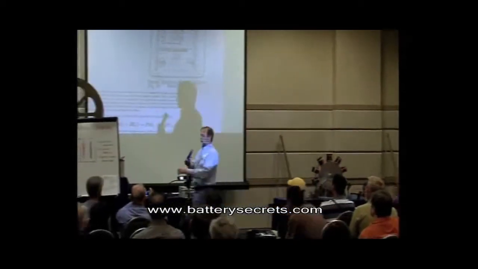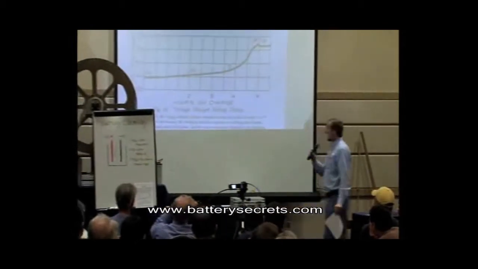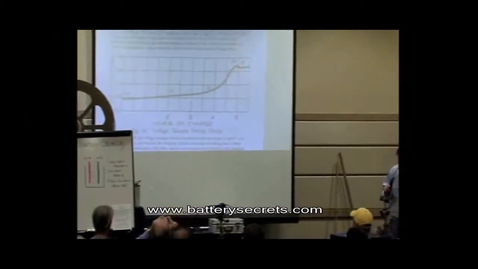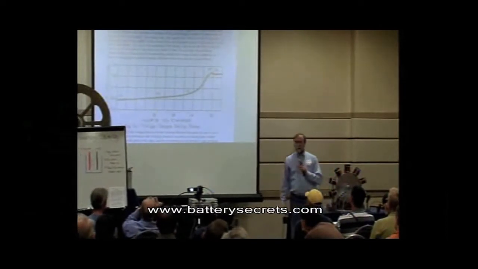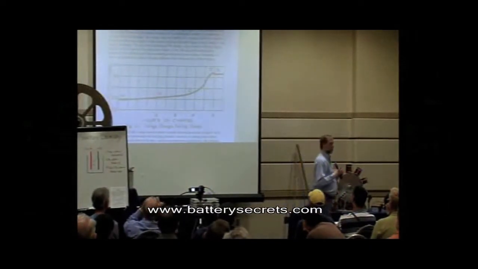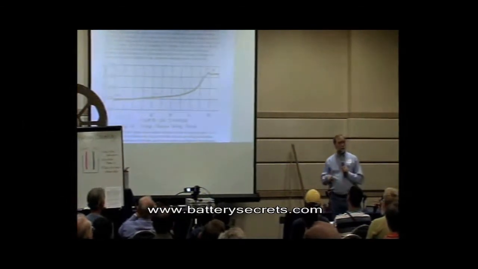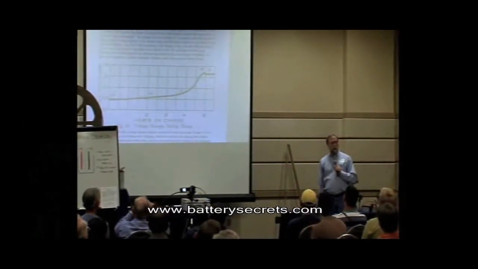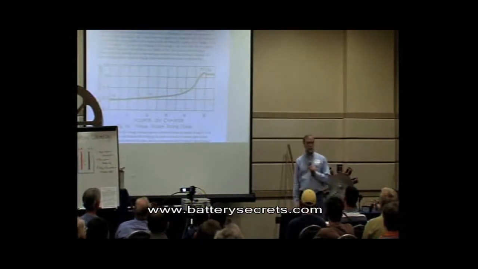Let me just go back and look at this chart again, because this is very, very telling. The alternator in your car is designed to have a voltage regulator that tops the battery out at 14.7 volts.